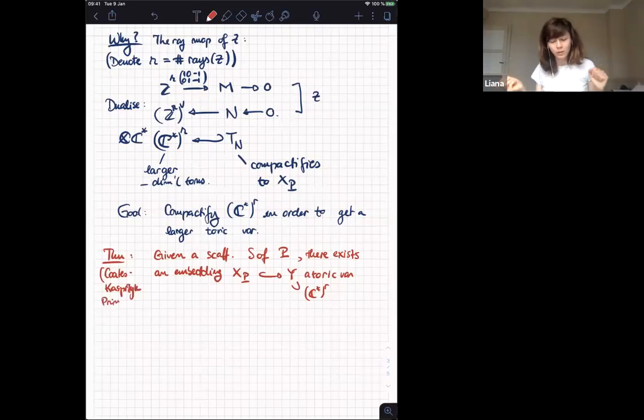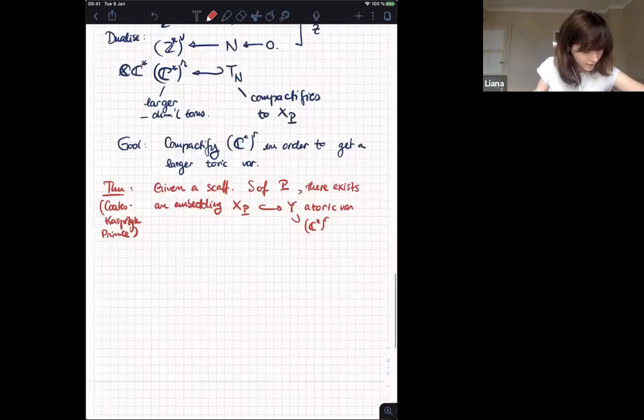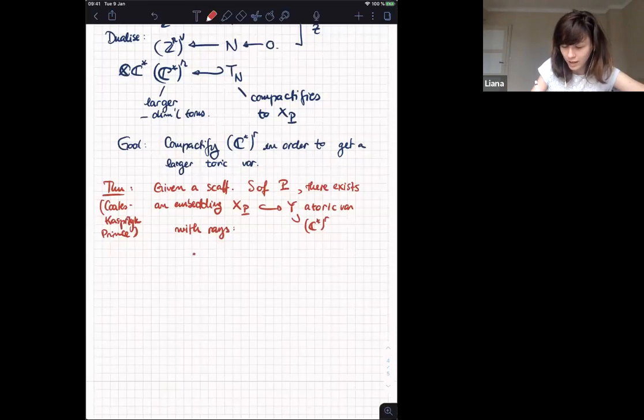The theorems, well, I mean, in their article, they also say more. They don't say just that the embedding exists, but they tell you what the rays of the toric variety Y are. So the dense torus inside of Y is C star to the R. So the fan of Y will live in an R-dimensional lattice.